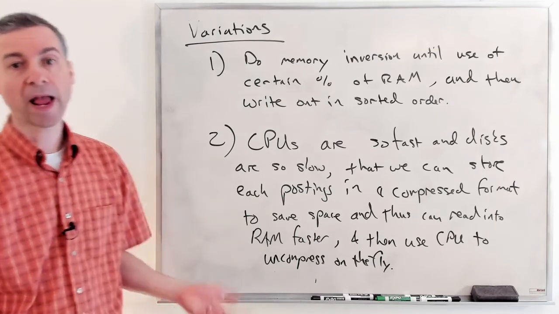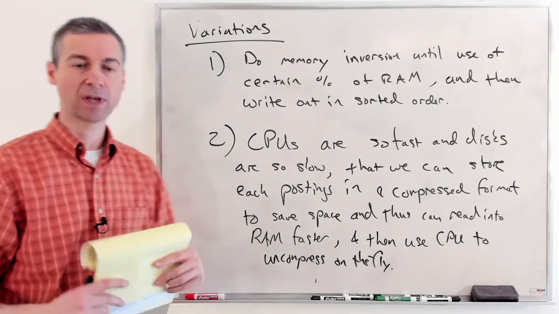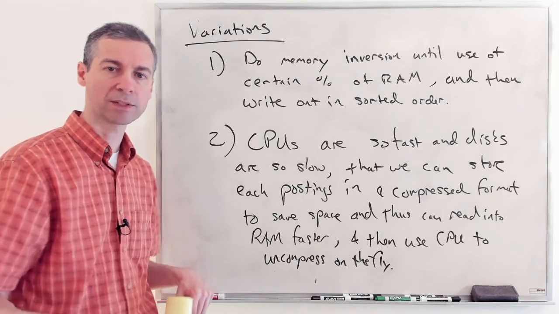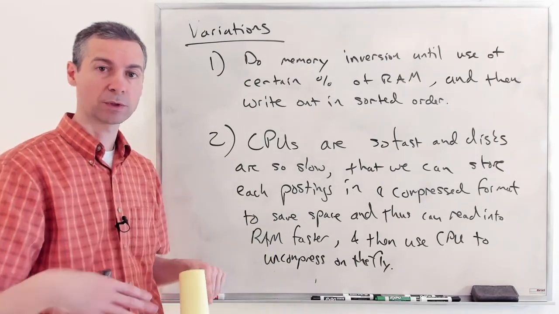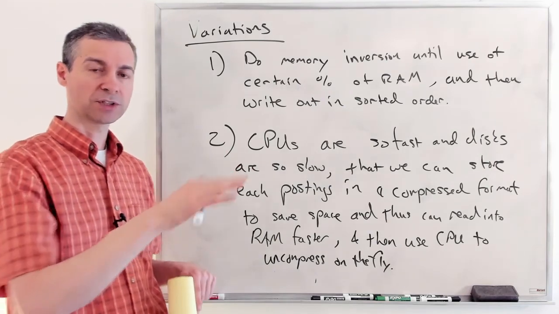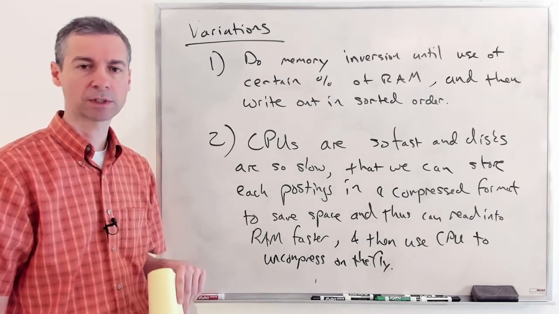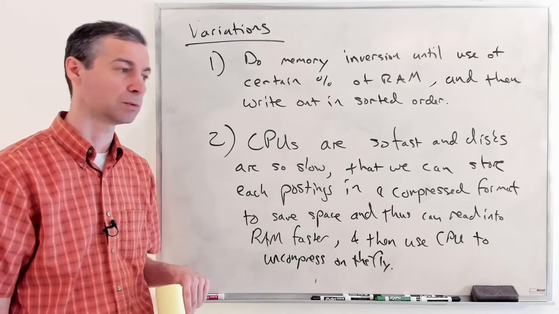So they aren't actually stored, as I said, in this simple format of 4 bytes. They could still be 4 bytes, but they're unlikely to be. They're actually stored with a compression scheme, and we can get them into memory and uncompress them on the fly very rapidly, depending upon the compression scheme that we use.